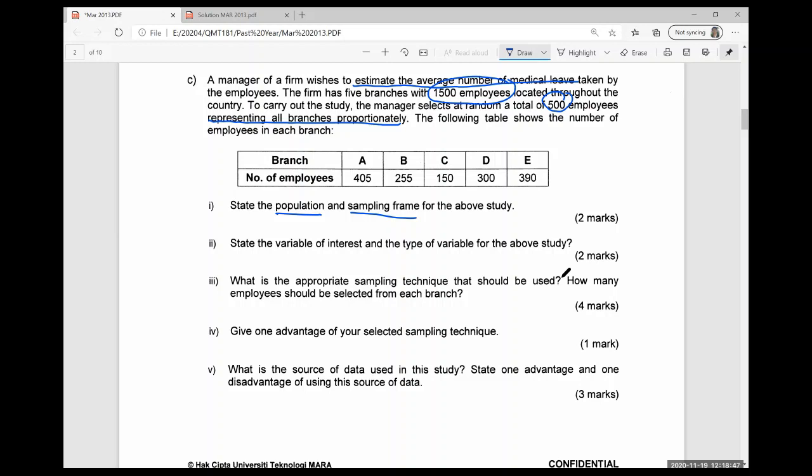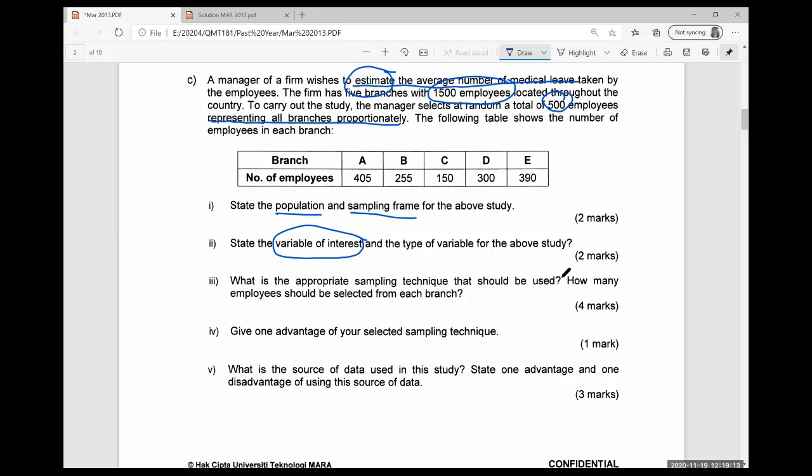And then for stating the variable, you are looking for the variable of interest. What is it that the manager wants to discover? In this case, the manager wants to estimate. The word estimate gives you an idea that what comes after that will be what the manager is interested in finding out.